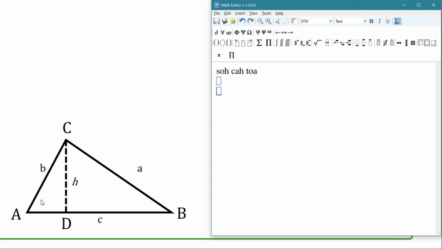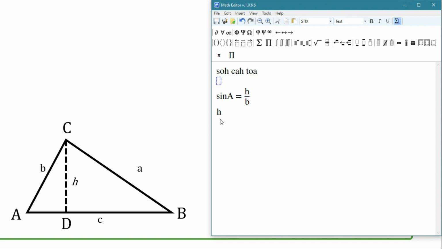Ibig sabihin, for us to get the value of h, we have sine of A equals the opposite, which is our h or height, over the hypotenuse, which is b. In this case, para ma-solve natin si h, we multiply both sides by b para ma-eliminate yung b sa denominator on the other side of the equation.